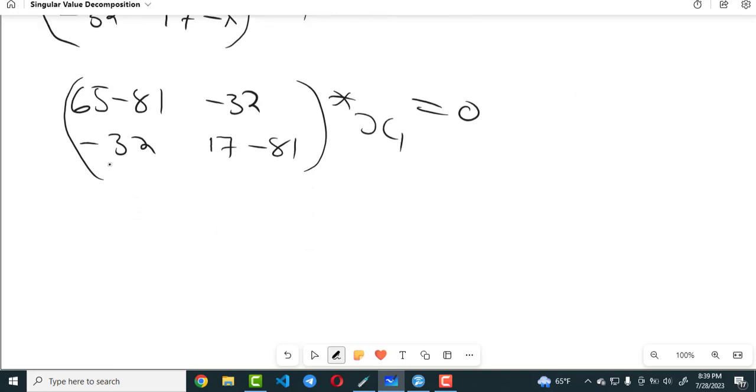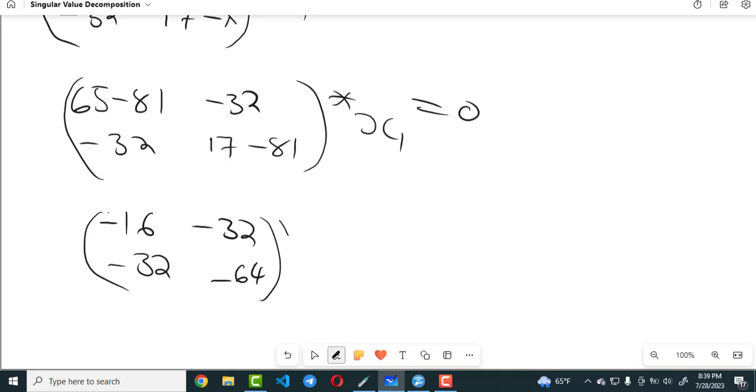So this will give us 65 minus 81, we get a negative 16, minus 32, minus 32, 17 minus 81, we get a negative 64 here, all multiplied by our v1, which is x1.